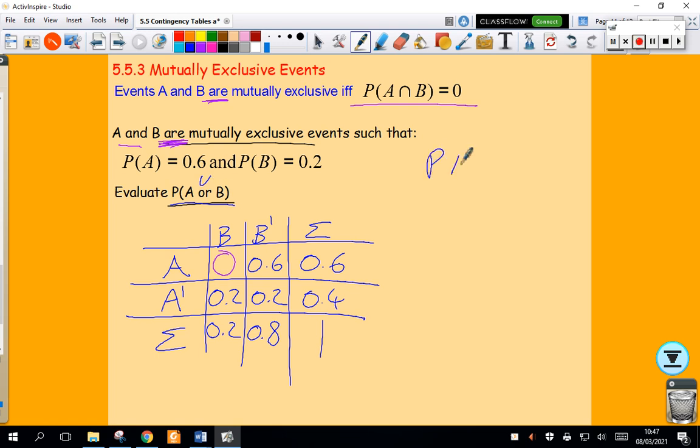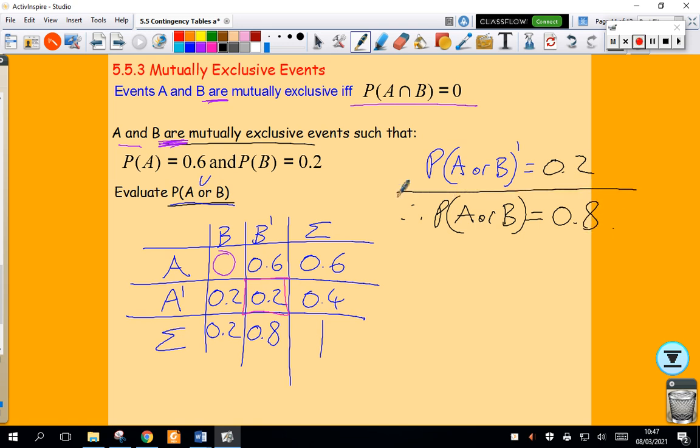The probability of A or B complement here is equal to this cell, 0.2. So the probability of A or B has to be equal to, well, they're complementary events, so together they have to add up to 1. It has to be equal to 0.8.